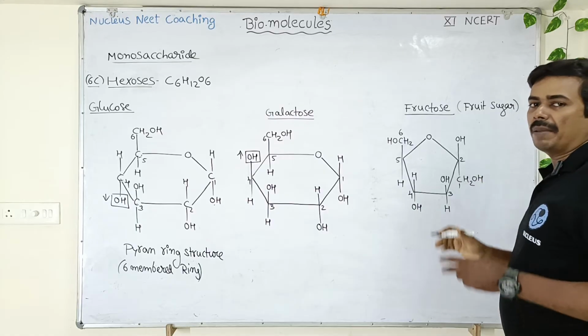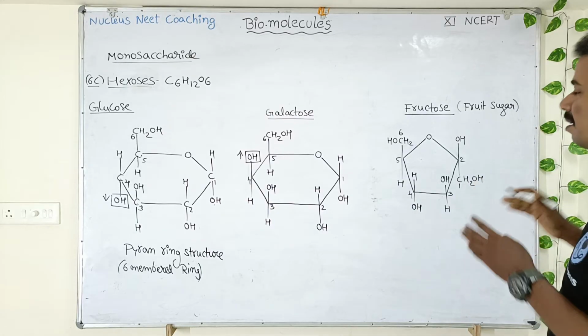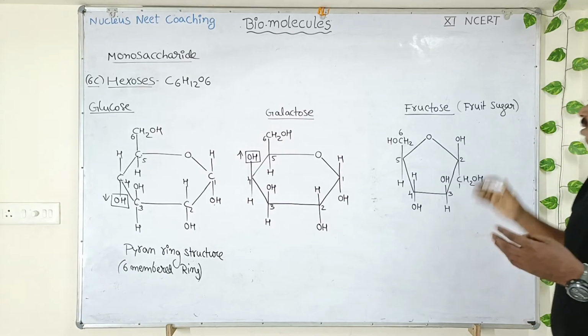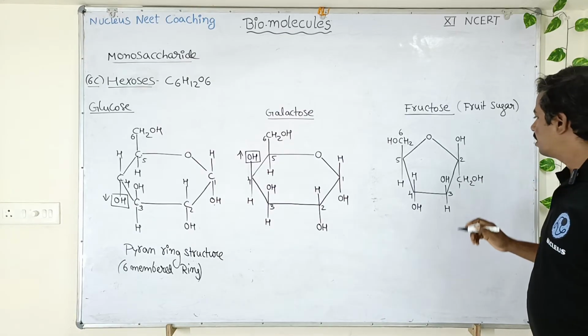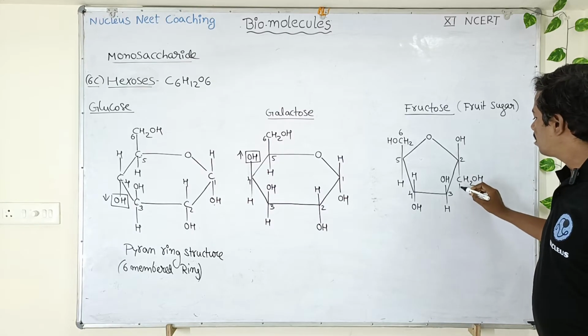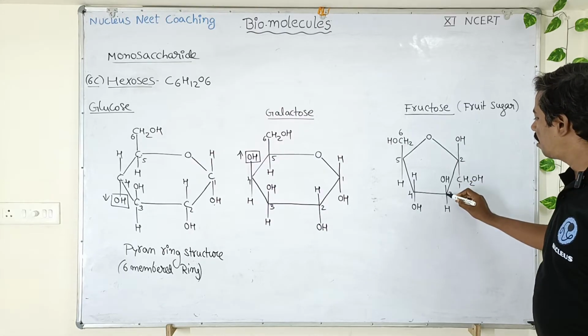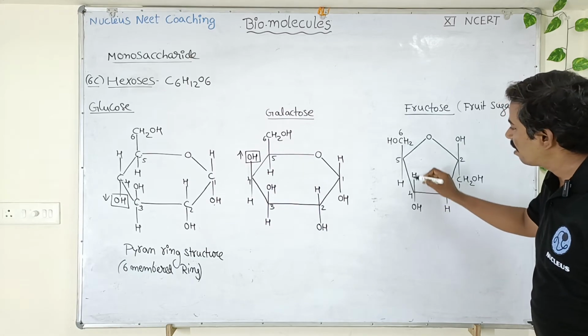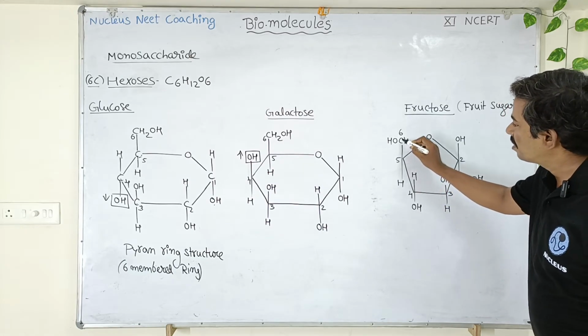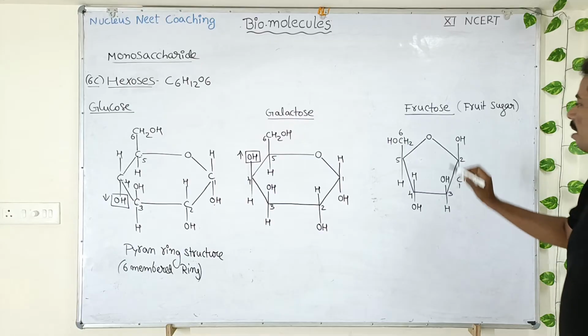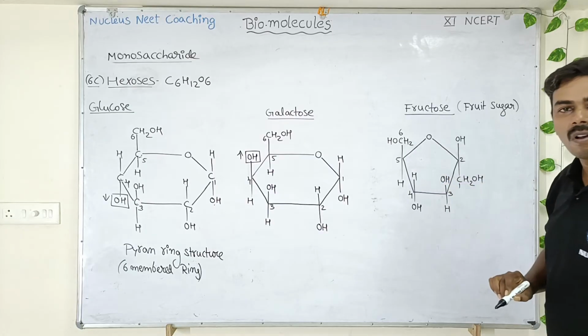It is abundantly present in all ripened fruits which we eat. Okay. So in the fructose ring structure you can see there are first carbon, second carbon here, third carbon, fourth carbon will be here, fifth here, and the sixth carbon is out of the ring, and the fifth carbon is attached to oxygen.